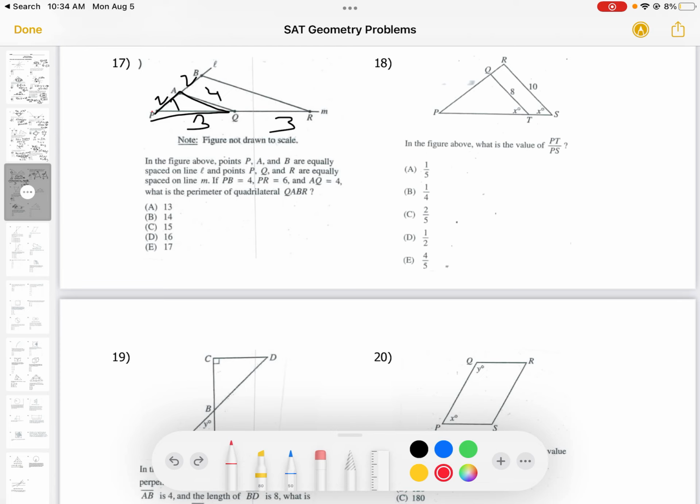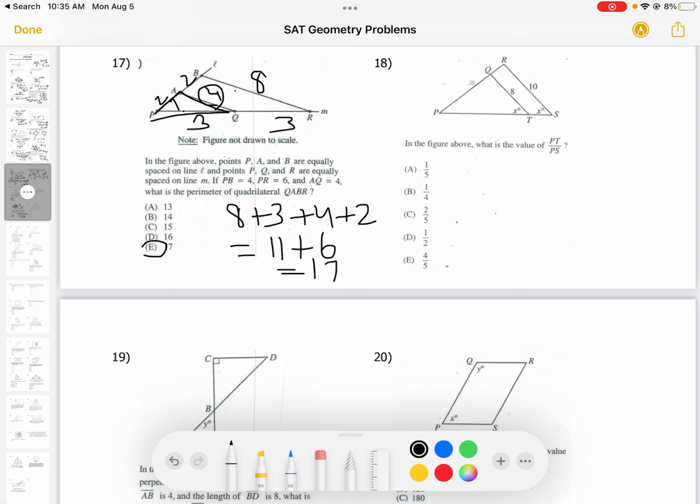And the ratios of the sides adjacent to that angle, so that would be 2 over 4, is equivalent to 3 over 6. So the two triangles are similar by SAS similarity. And their similarity ratio is 1 to 2 from small to big. So this side is 4, that side is 8. Now we can find the perimeter of the quadrilateral. That's just 8 plus 3 plus 4 plus 2, which is 11 plus 6, which is 17. That's E.